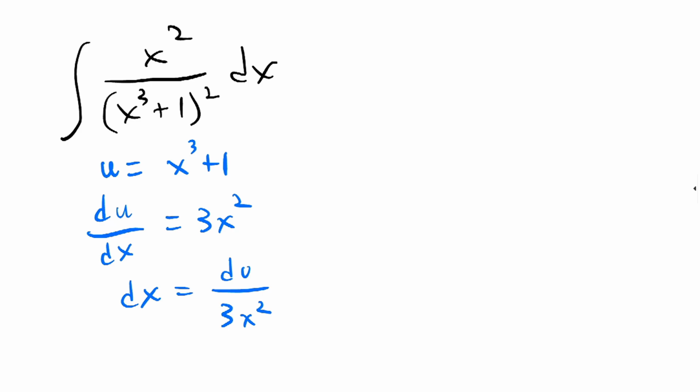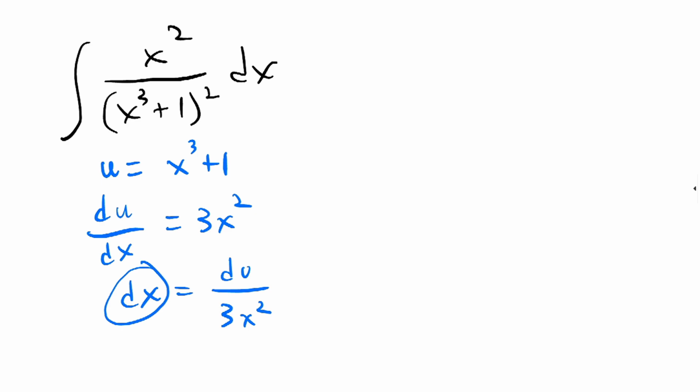The reason I'm writing this all out is because some people just go straight to plugging things in. When you're good at this technique, you're going to know what to do very quickly. But we're going to replace this with du, and we're going to let this be u. I want to show you the entire process of what's going on here.